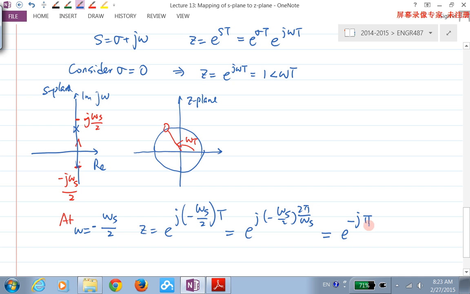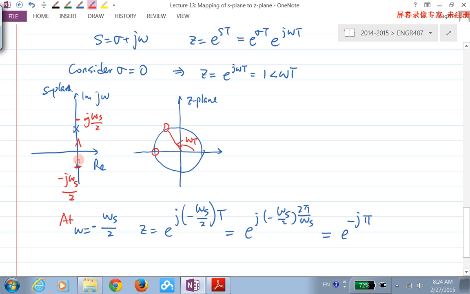So where is e to the power of negative j pi in the z plane? Theta equals negative pi, so it's this location. This point is mapped to here.